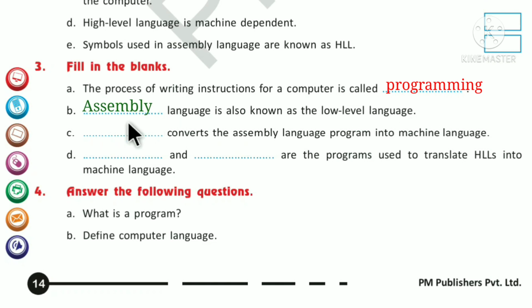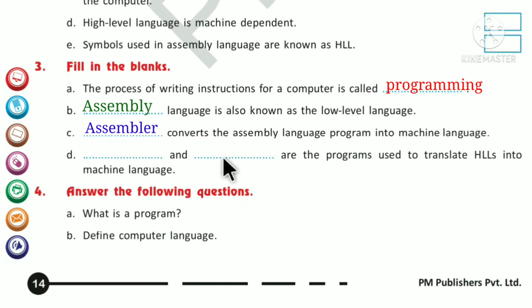Assembly language. C. Dash converts the assembly language program into machine language. Assembler. Assembler converts the assembly language program into machine language.